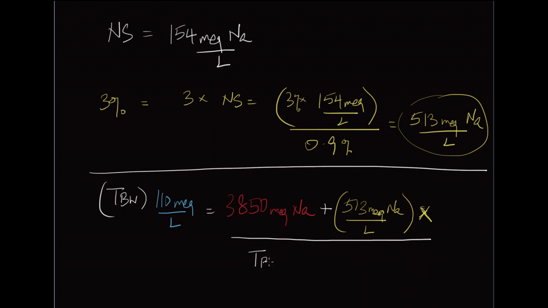That's the total body water, 50 or 60% of her weight. To that will be added the amount of 3% saline, and that's X. And all of this is going to equal the desired concentration of sodium that we pre-specified, which is about 120 milliequivalents per liter. So if you work through this and solve for X, here's what you'll get.